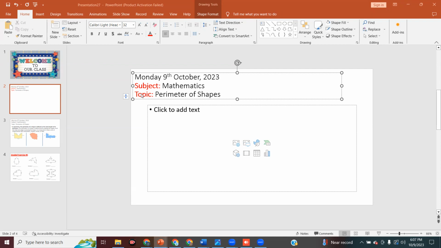What do you mean by the perimeter? Yes, go ahead, Jessica. I think it is the measurements that total the length around the outer side of the shape. Okay, very good. So you're thinking about the sum of the sides of the shape. Yeah. That's a good definition.